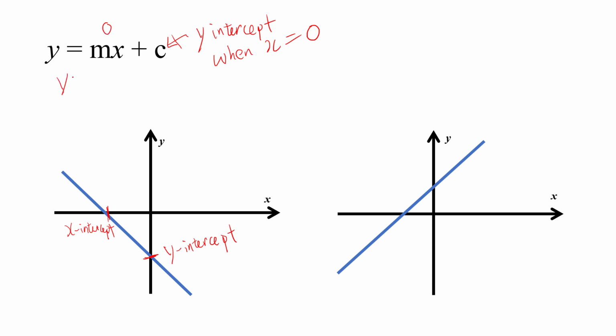So y will be equal to c, and you will see here, the c value or the y-intercept is the value of y when x is equal to 0. Same thing over here. This one is the y-intercept, which is the value of y when x is equal to 0.